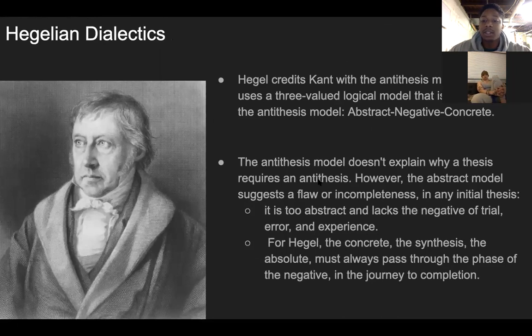Because of that, it must always pass through the negative in the journey to a synthesis. Inherently, because the abstract has not been experienced yet, we don't know whether it's true or not. That makes sense.